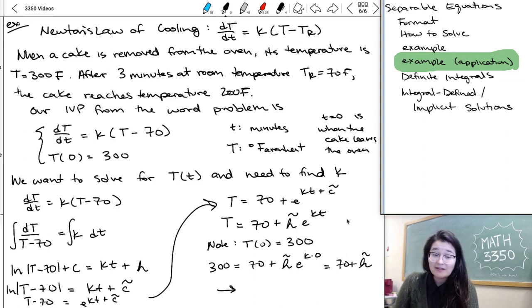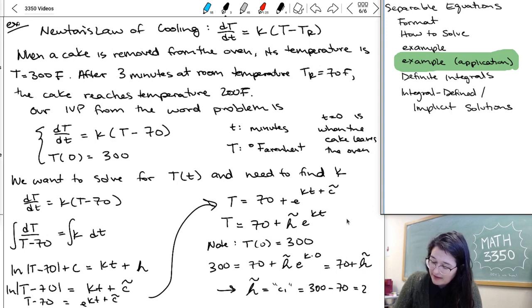And in your skeleton notes, I'm calling that C1. But that's going to be 300 minus 70, which is 230.